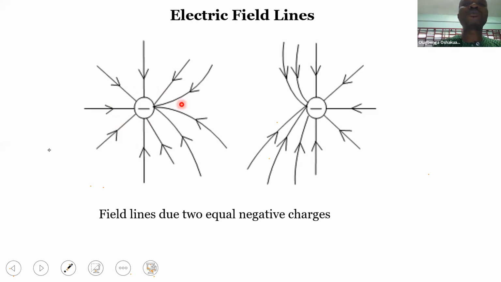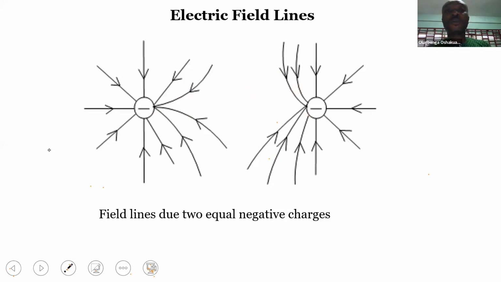So when we have two like charges, this is a negative charge. You can see the lines are pointing inwards. Another negative charge, lines are pointing inwards. And one of the rules is that they will not intersect. If not for the presence of this charge, the lines that were bending in this direction would have come towards the left. But because of this negative charge, they need to bend, because they should not intersect.